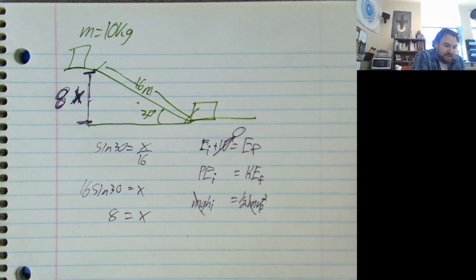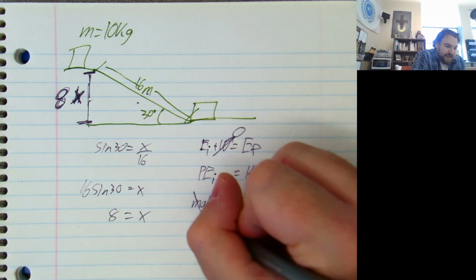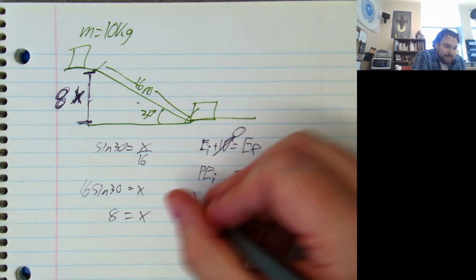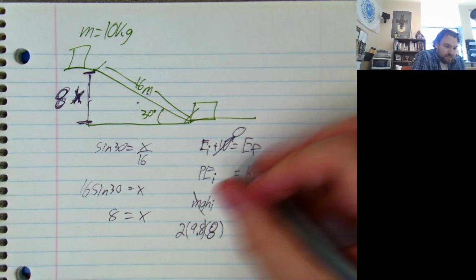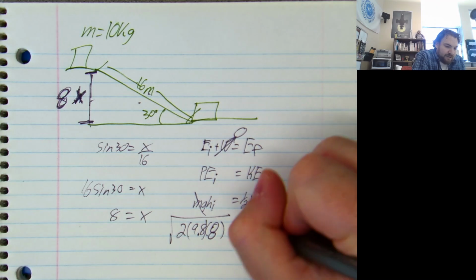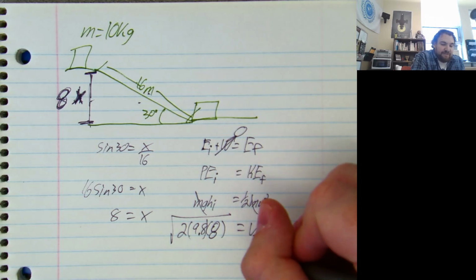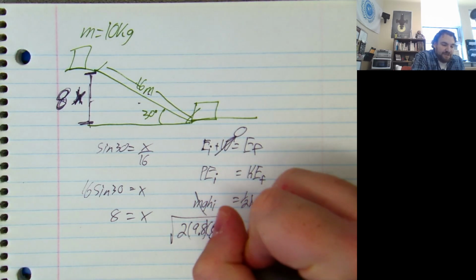Masses can cancel. So we're going to get 9.8 times 8 times 2 square rooted is going to be the final velocity of those cabinets. 2 times 9.8 times 8 square rooted. I got a final velocity of 12.5 meters per second.